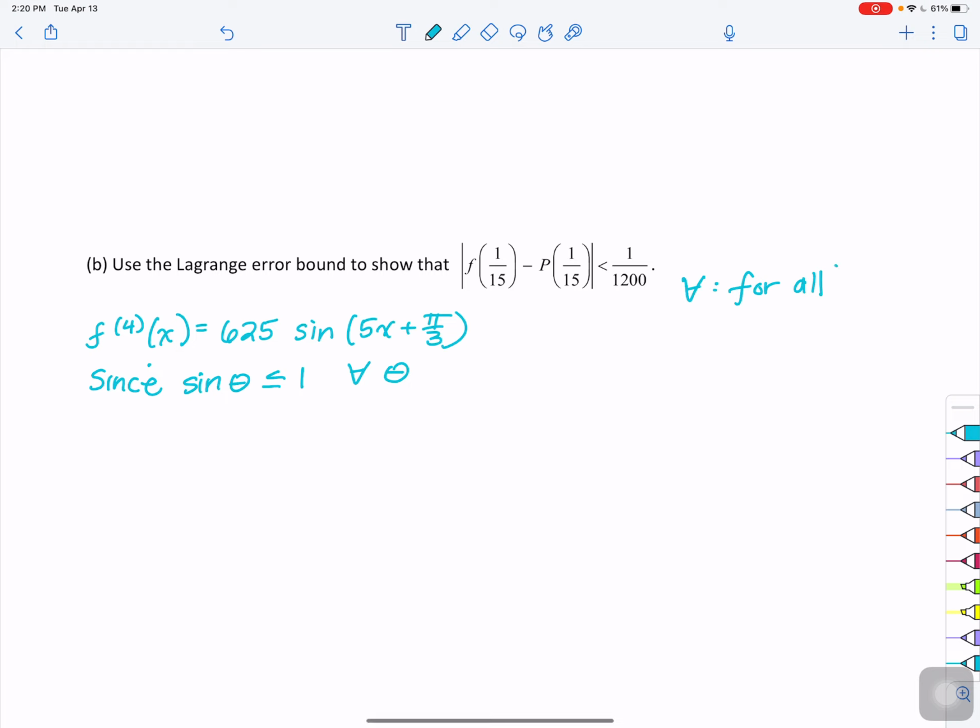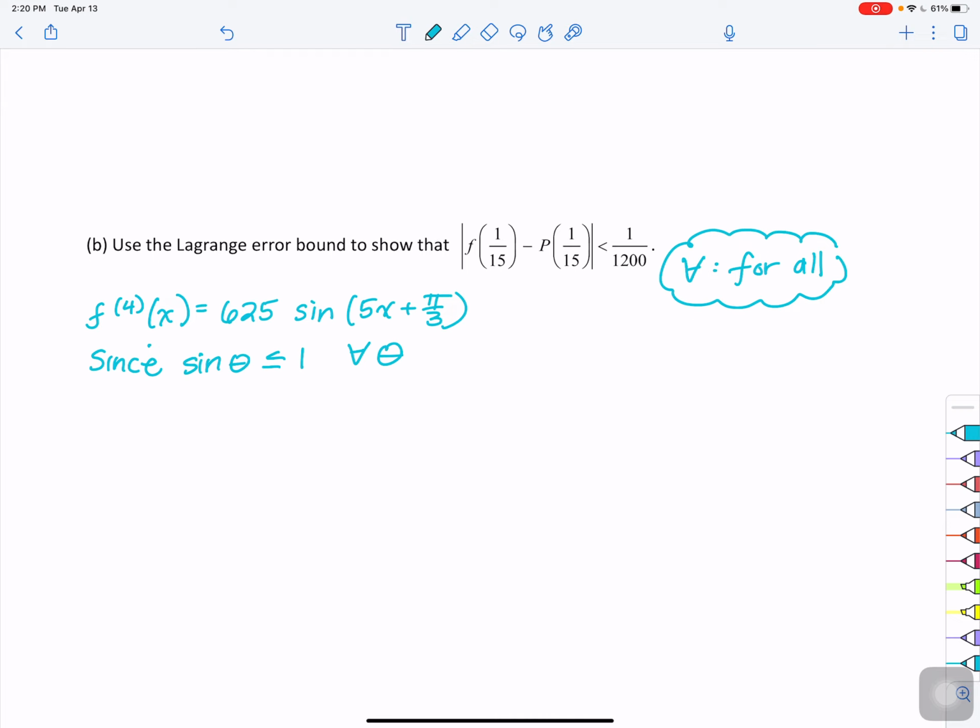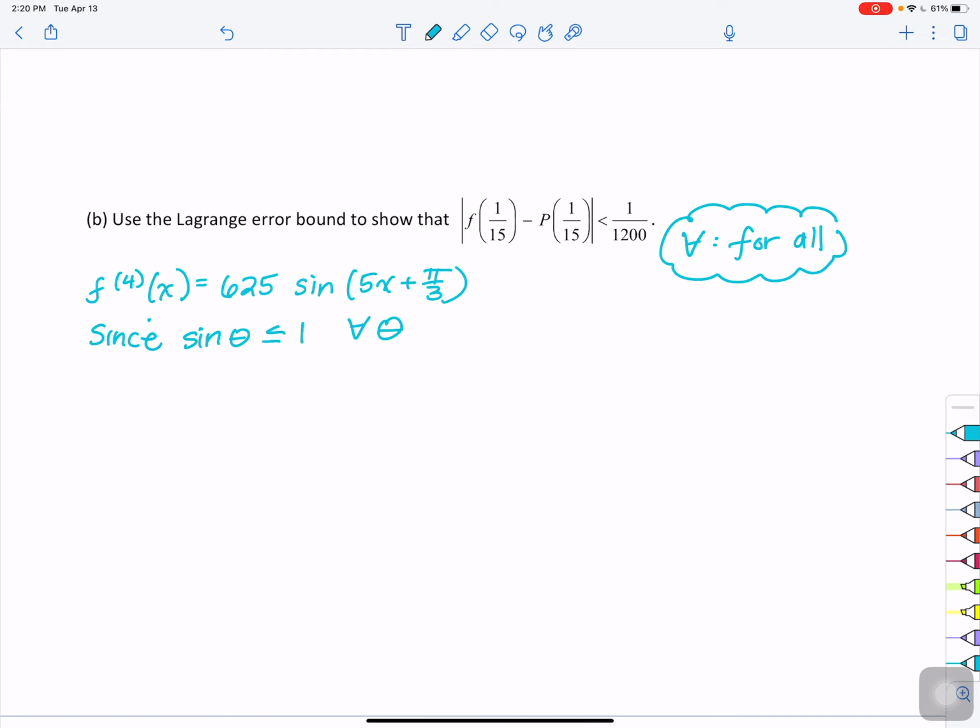You don't have to know that. You could have written out for all. So for all theta, this is true. The sine of theta is always less than or equal to 1. So we could now say that the fourth derivative of x is less than or equal to 625 times 1, which is 625.